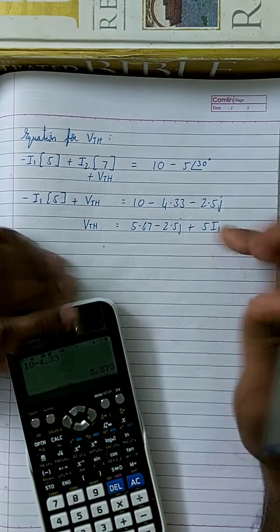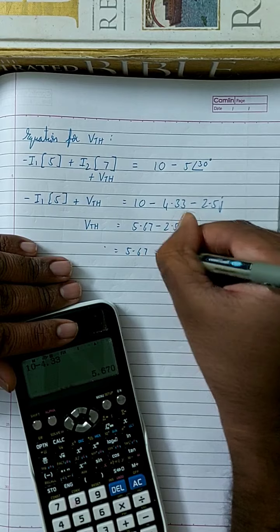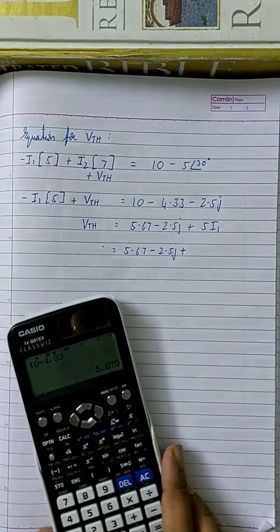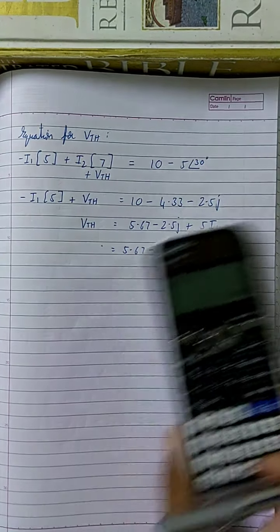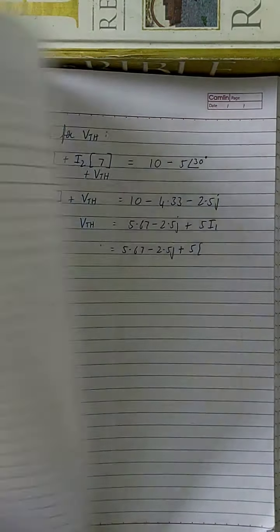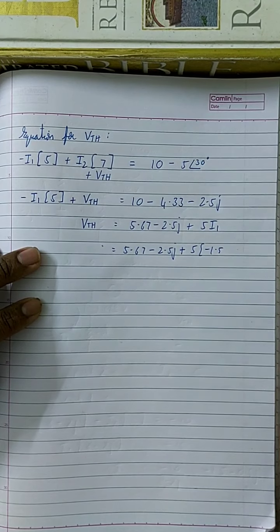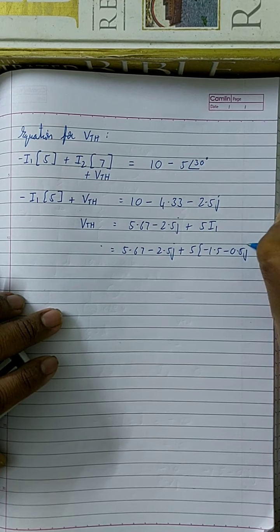It comes over as plus 5 I1. But we all know what I1 is, right? 5.67 minus 2.5j plus 5 into, what is I1? I1 is minus 1.5 minus 0.5j. Let me write that over here.